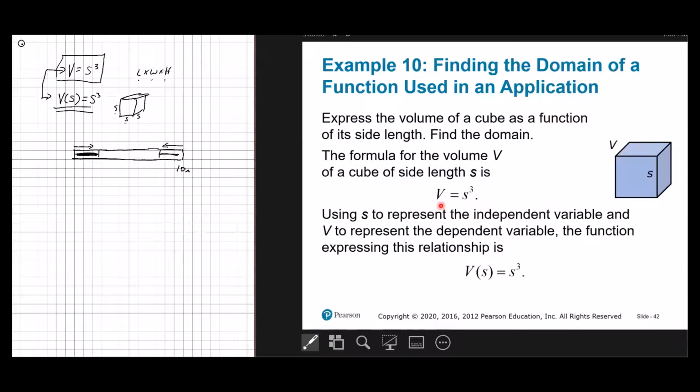So we can't use negative numbers here. That means S has to be a positive number, or it has to be non-negative. Well, 0 is non-negative. Can I have a length on a side of a cube that is length 0?